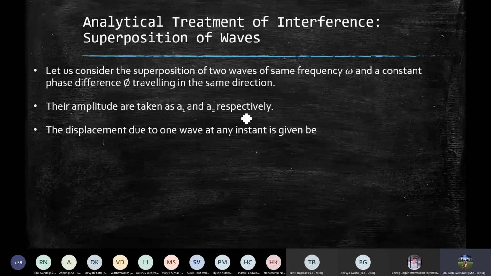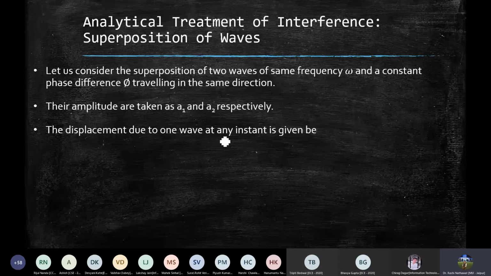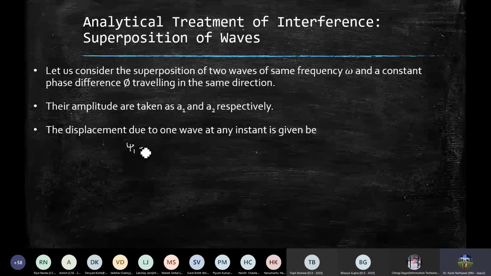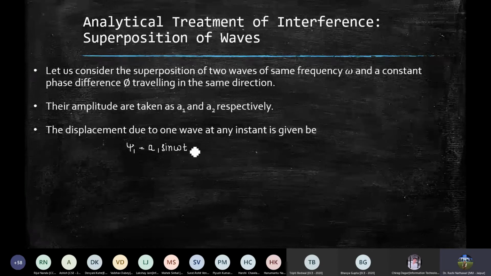You can also write it down parallelly with me because I'm going to solve it mathematically. So the displacement due to one wave at any instant of time is given by, say, psi1 equals a1 sine omega t.